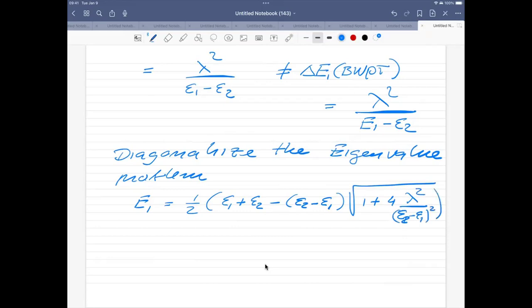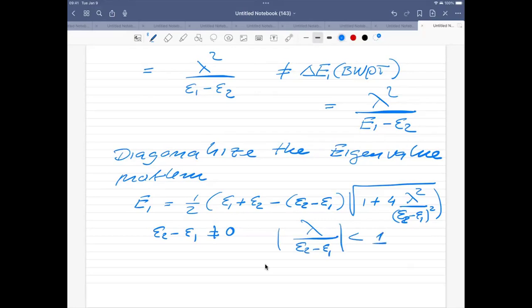Then what we did was to perform a Taylor expansion, and we've also made the assumption that epsilon 2 minus epsilon 1 is different from 0. There's also a very important aspect when you're doing this Taylor expansion. If this is going to converge, there is a requirement, obviously, on lambda over epsilon 2 minus epsilon 1, and its absolute value being less than 1.